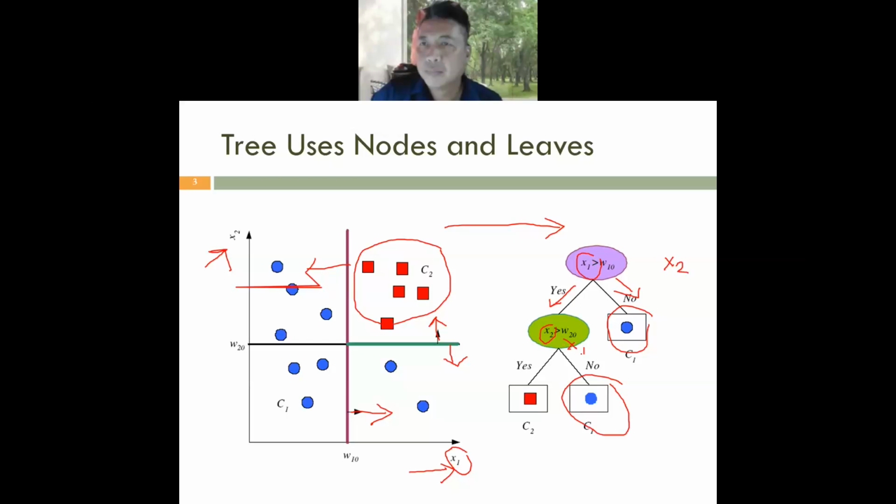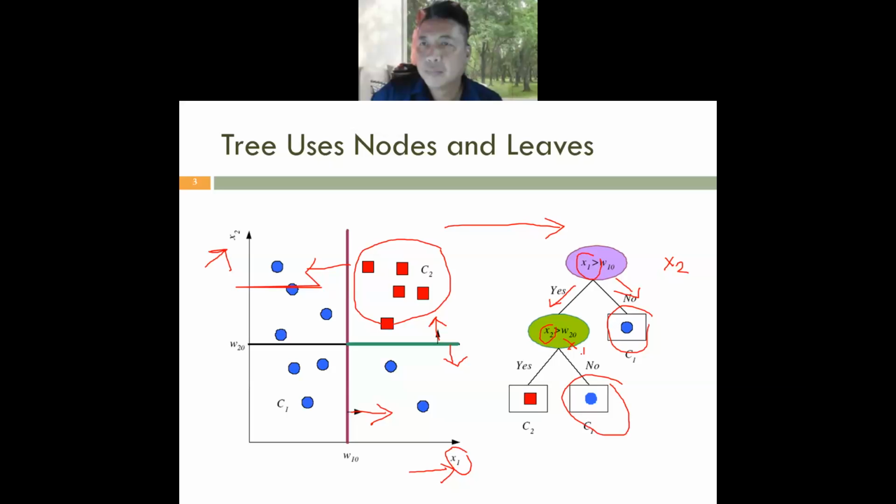So the choice of finding the best attribute to split the data will depend on the calculation of what we call information gain. Okay, information gain is a computation saying that if we split the data like this, it will give us more gain in terms of the information that we have.